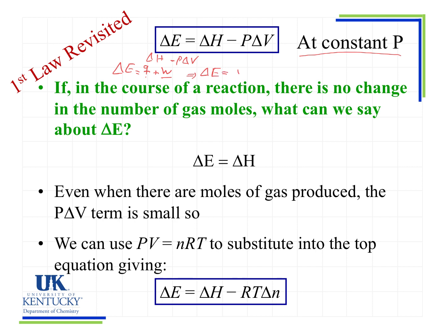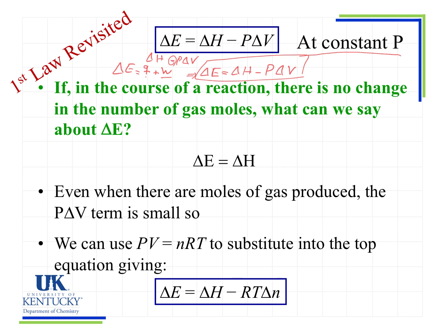The delta E is delta H, which is Q, plus W, and we have a negative sign, so it's negative P delta V. So at constant pressure, the first law of thermodynamics says that the change in internal energy is equal to the change in enthalpy minus P delta V.